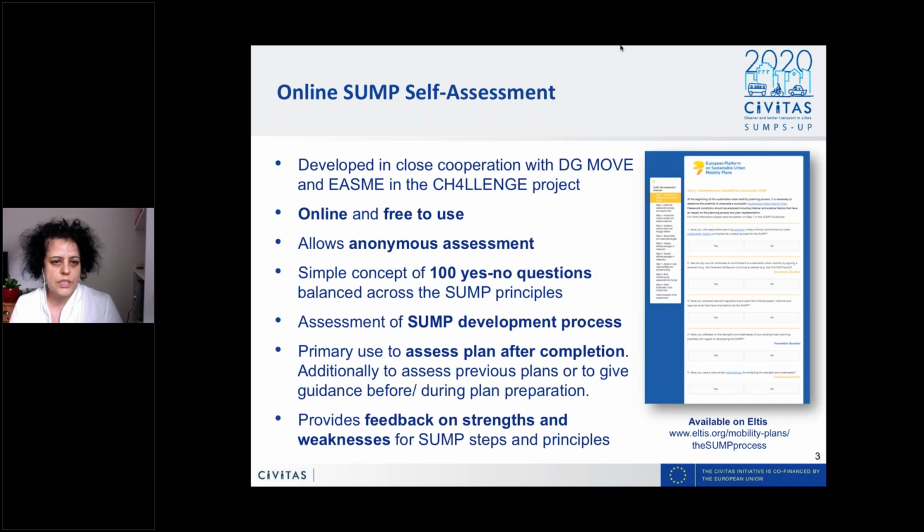It's a simple concept of 100 yes and no questions balanced across the SUMP principles. It assesses the SUMP development process, and it provides feedback on strengths and weaknesses for some steps and principles.